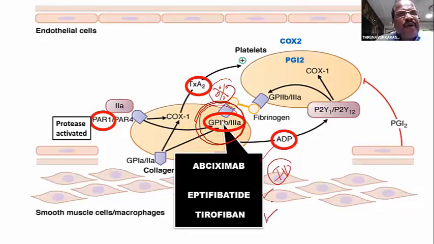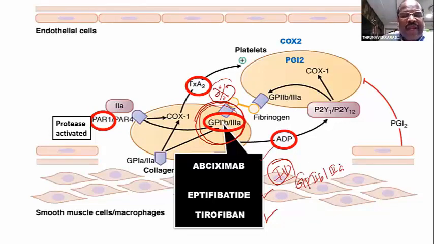These are three important intravenously given antiplatelets. The target is the glycoprotein 2b3a receptor. The most important indication of these drugs is after thrombolysis, when the patient still has angina. It's called a failure case of thrombolytic therapy. We can use these intravenous antiplatelets.